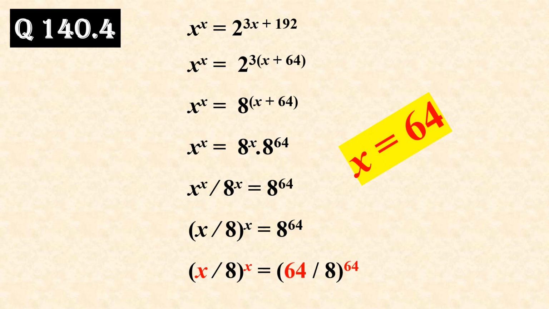Transpose. Left side, x power x divided by 8 power x, write as x by 8, whole power x. Right side, 8 power 64, write as 64 by 8, whole power 64. Compare the left side and the right side. We get x is equal to 64.